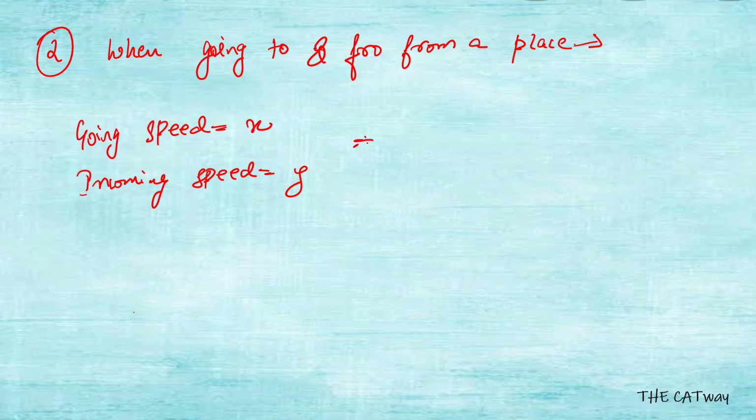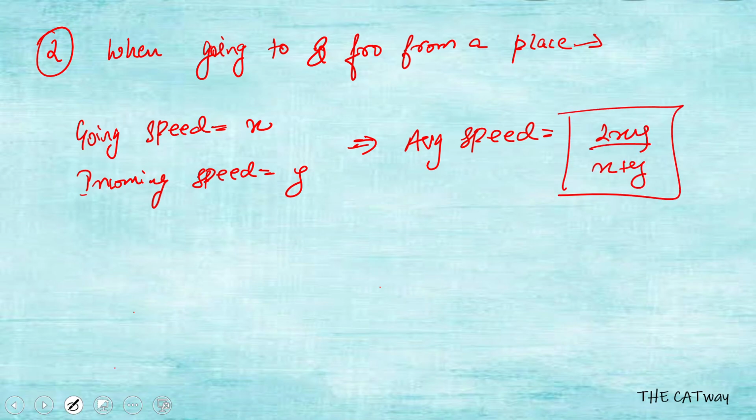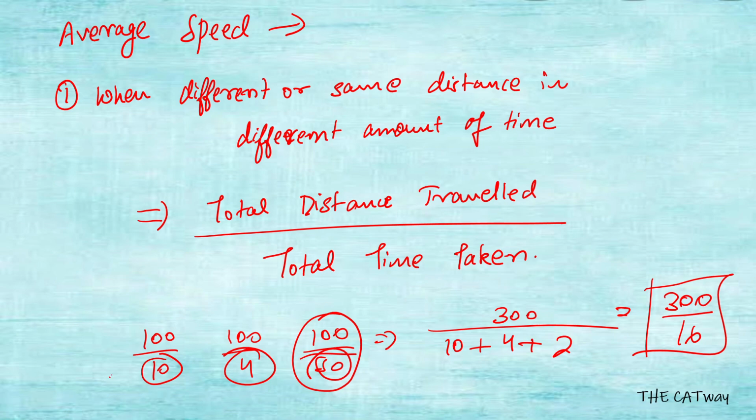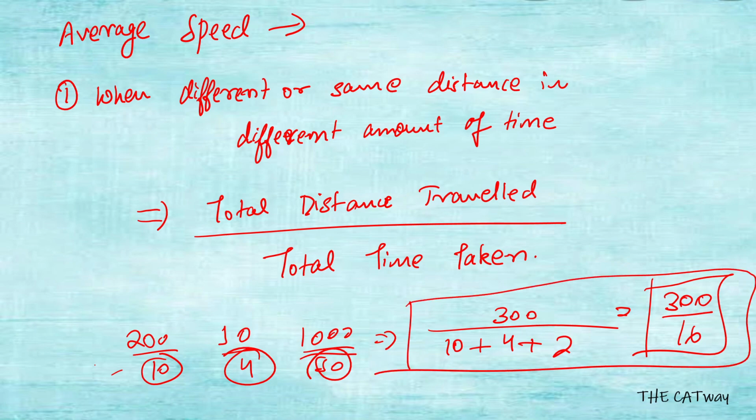Then the formula for average speed would be 2xy by x plus y. Now in the earlier case there can be a situation where the distance traveled is 200 here, 50 here, and 1000 here, so that is why we use that general formula. This is a general formula for all the cases.